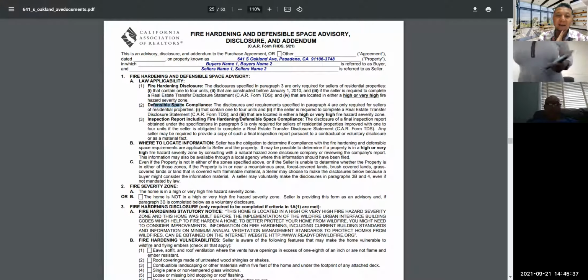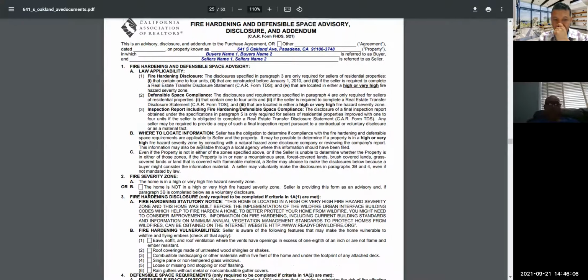Basically, that just means that the materials in their yard or the eaves on their home are flame retardant. Combustible materials are not around the exterior to create even further burning of a fire. So that's what defensible space is, to make sure the building code of the areas in high fire zones is upgraded to prevent a local wildfire.